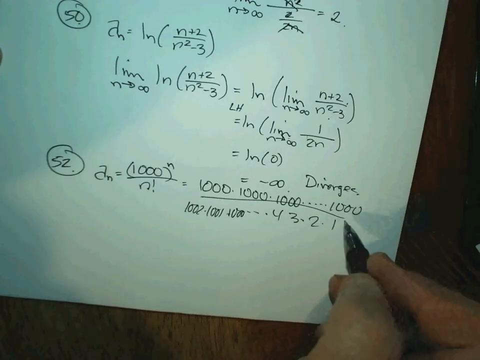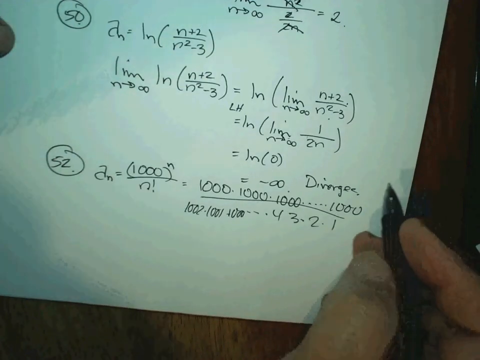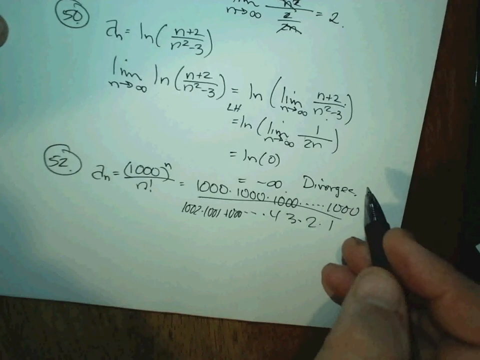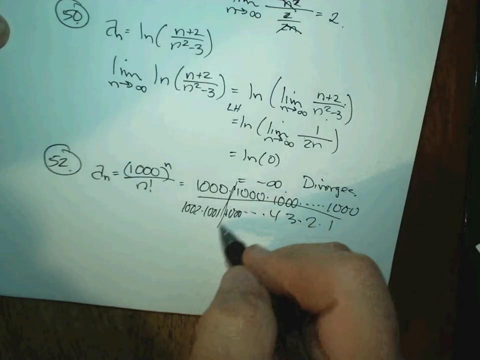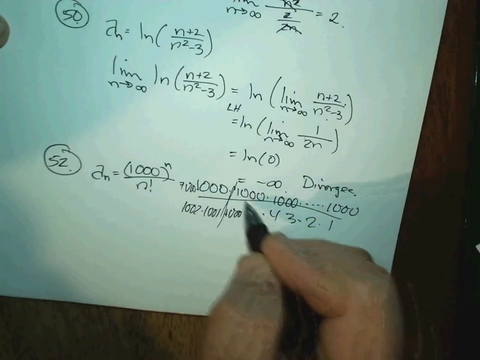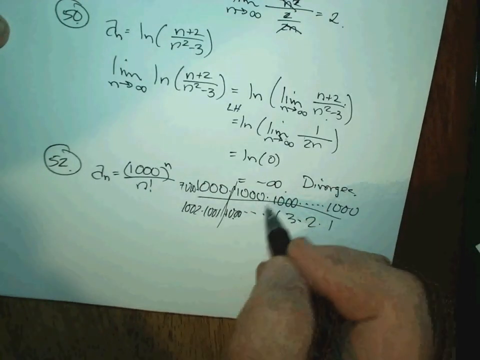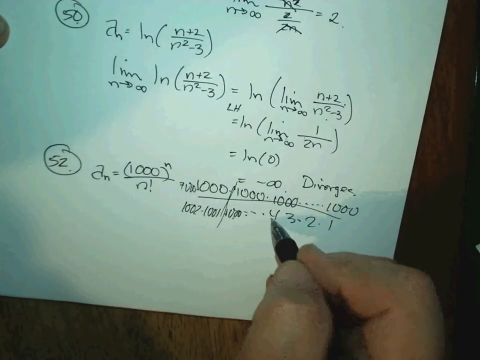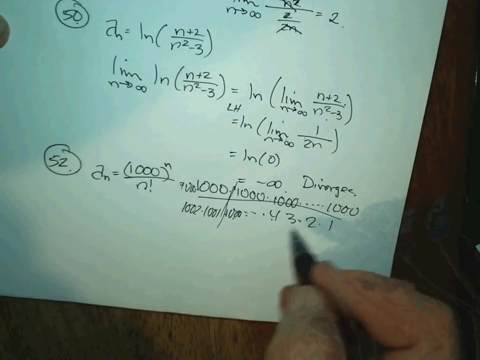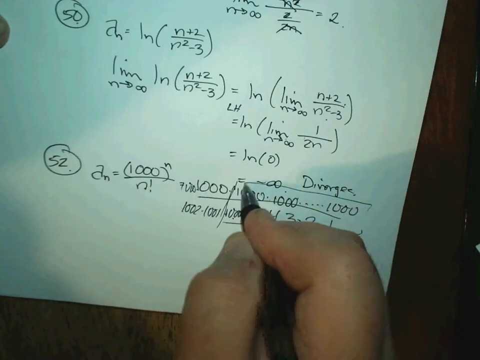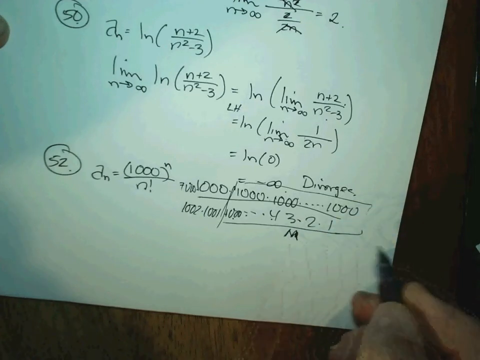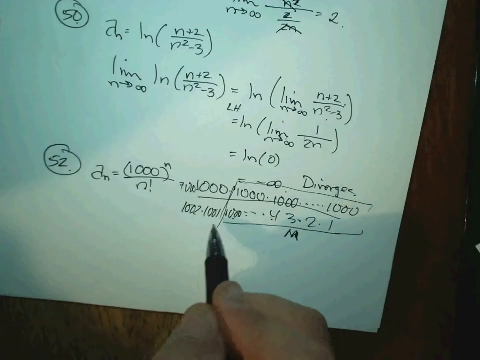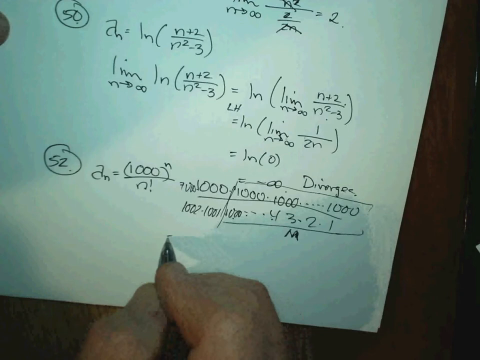Well, what's for sure here is that if you were to take these terms, the first 1000 terms, say, 1000 over 1000, 1000 over 999, 1000 over 998, and so on and so on.